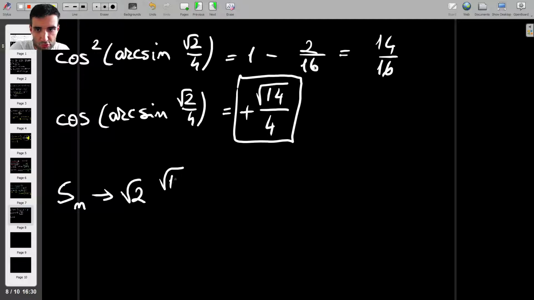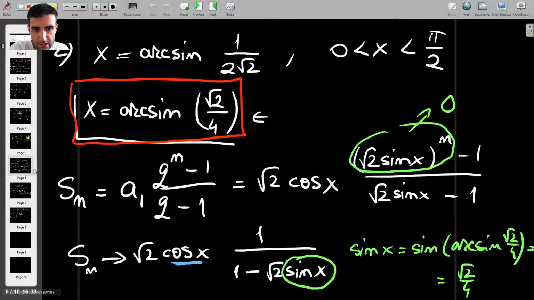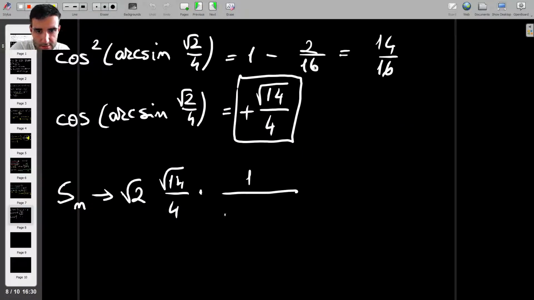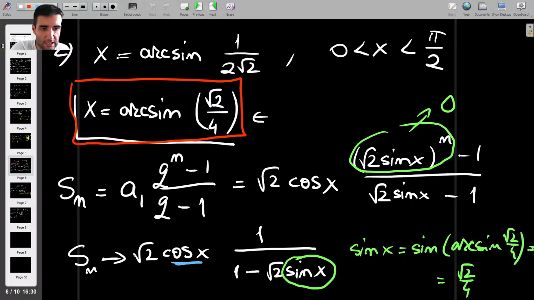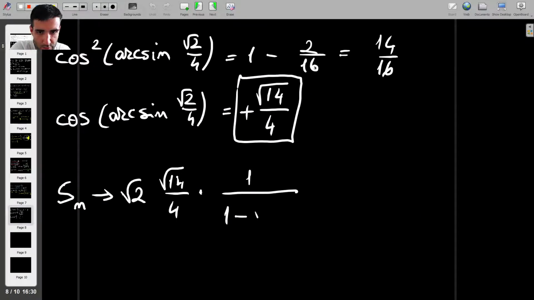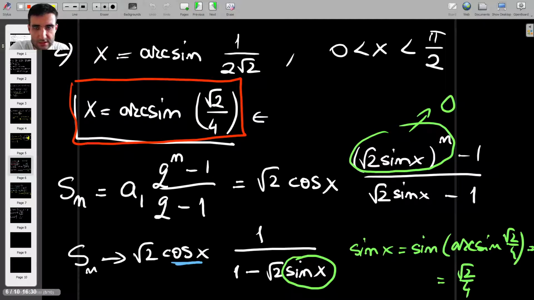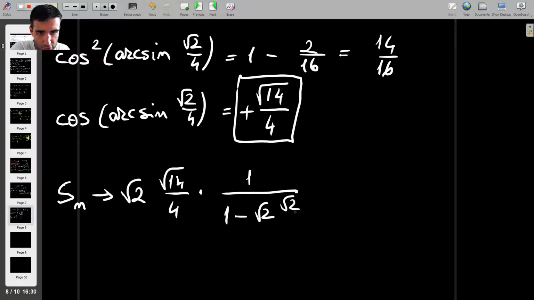So it's root 14 over 4 multiplied with 1 over, and then we have 1 minus root 2 times root 2 over 4. So we have root 2, and then we discussed earlier that sine x is root 2 over 4. So root 2 over 4. Okay, so this will give us the following.